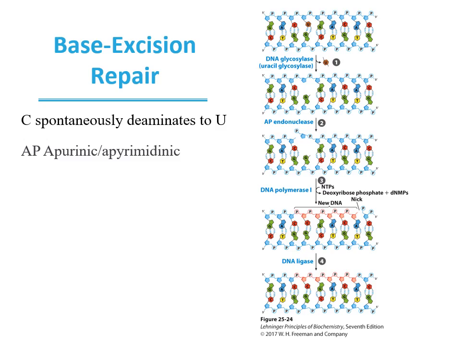In step 3, DNA polymerase I initiates repair synthesis from the 3' hydroxyl at the nick site, removing with its 5' to 3' activity, and replacing a portion of the damaged strand. In step 4, DNA polymerase I dissociates, and the remaining nick is sealed by DNA ligase.